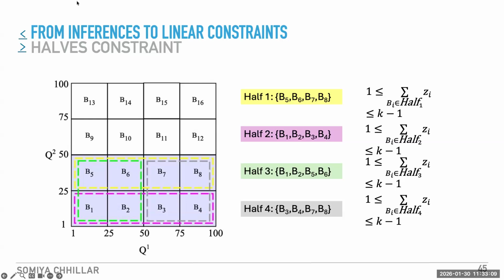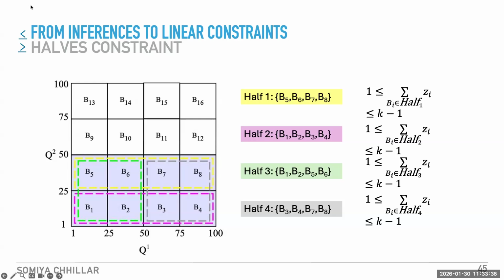For example, if you remember the halves constraint, we know that each half must contribute at least one record, but fewer than k records, because if it had k records, it would be an equivalence class itself. And so we can say that, sorry, it's been messed up because I moved to PowerPoint, but I'm going to just read it out.